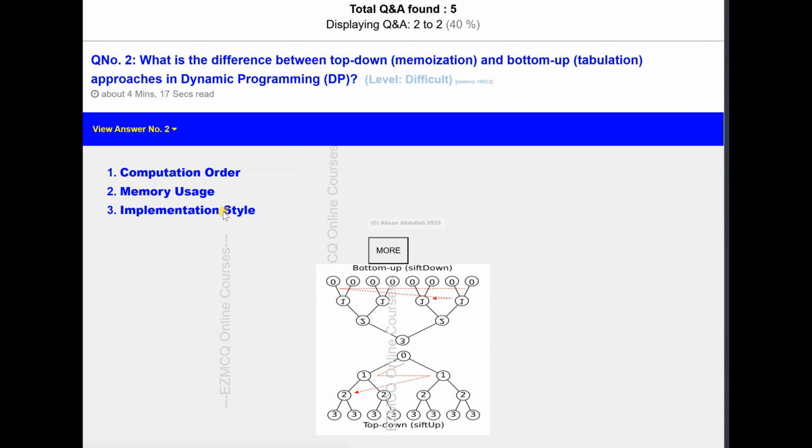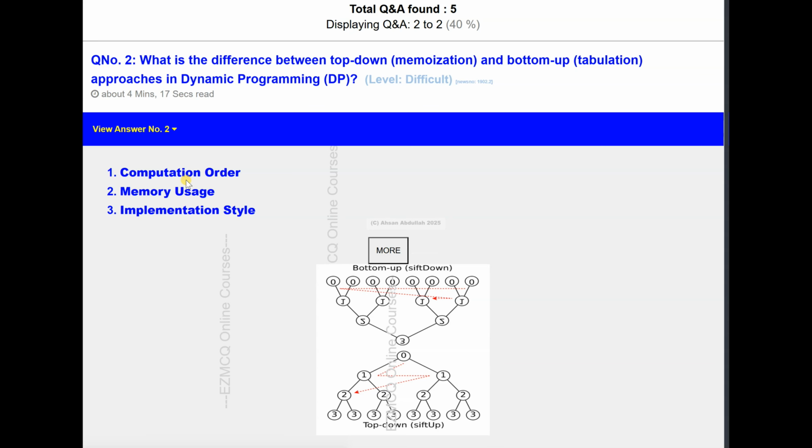So what is happening is the order of computation changes, and of course the memory usage also changes, because top-down stores values only for accessed subproblems. So that of course reduces memory load. We will discuss this very briefly. And then these are the implementation styles. The top-down uses recursion with memoization, so the code is concise, and bottom-up is more of an iterative approach.